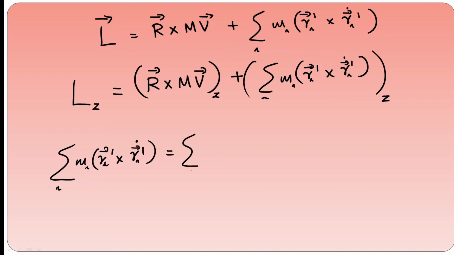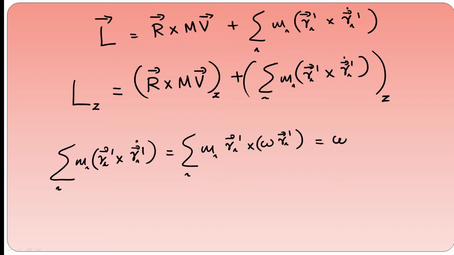Ri prime dot can be written as omega Ri prime.